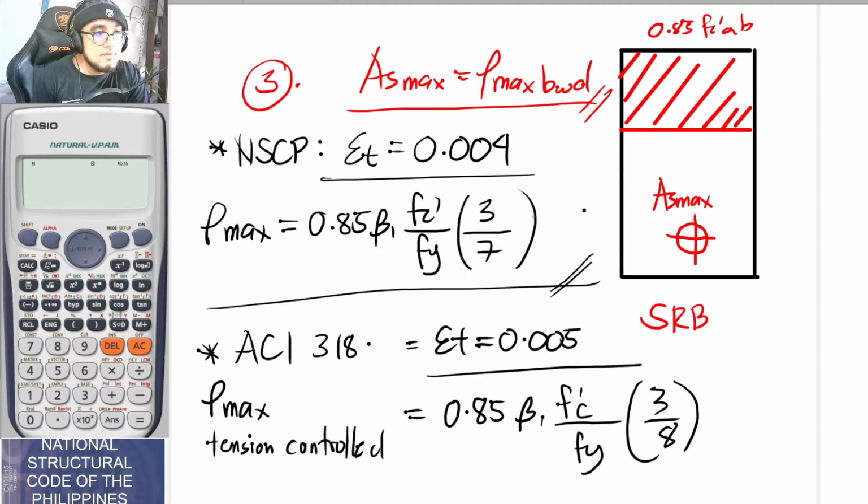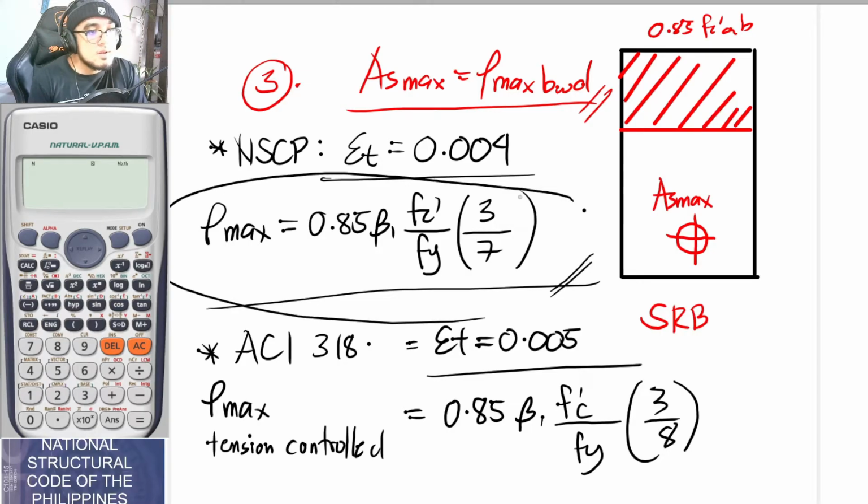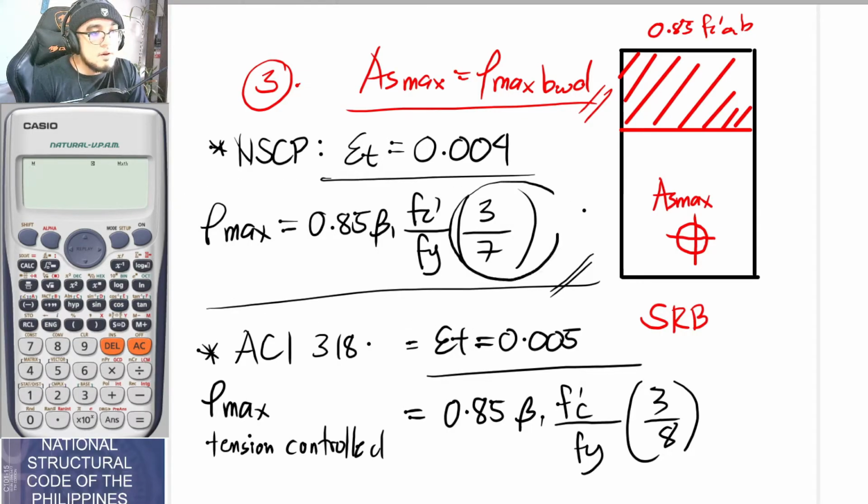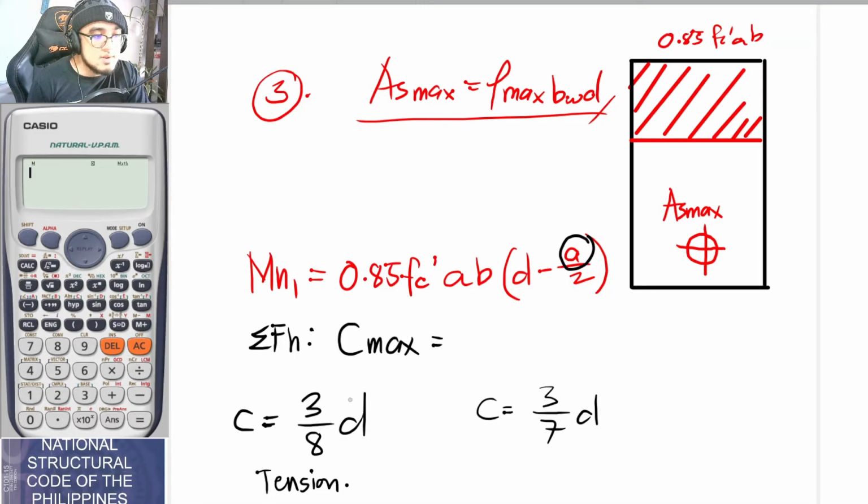So basically guys, if you would be looking at here, this is the fraction that I have used. If you can remember the derivation of this rho max from before, you know that this 3 over 7 also came from the value of c max. Okay, so that is for c max actually.